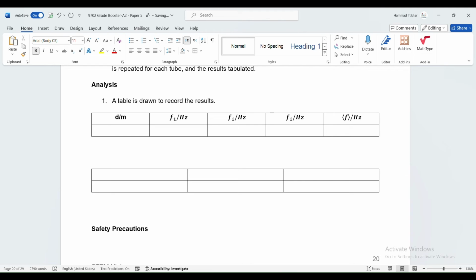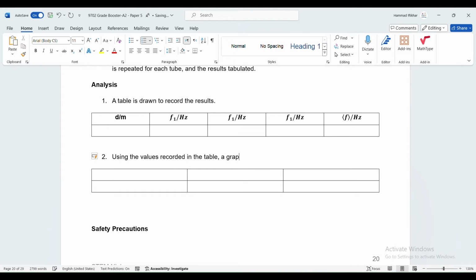Now using the values recorded in the table, a graph is plotted.